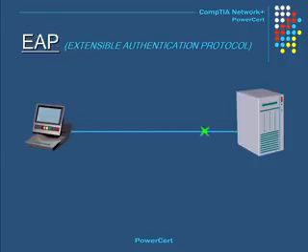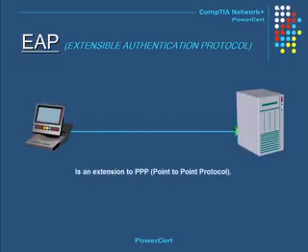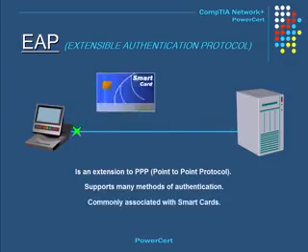And EAP stands for Extensible Authentication Protocol, and this is an extension to PPP. It's a general protocol that supports many methods of authentication, and the most common one that it's associated with is smart cards.